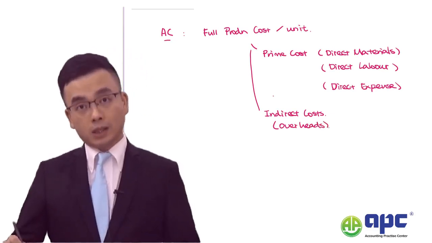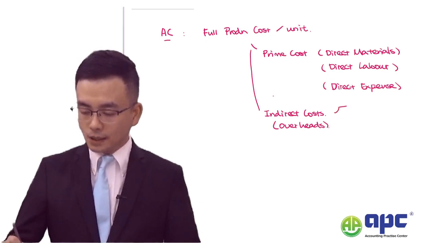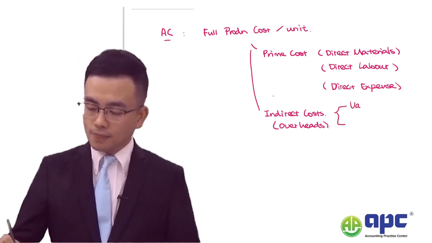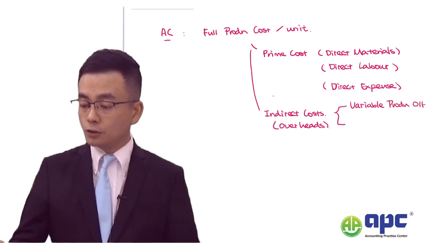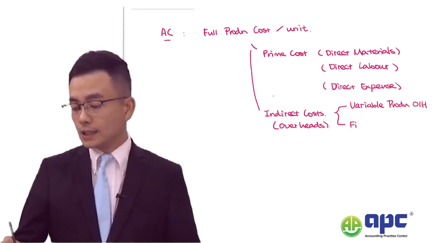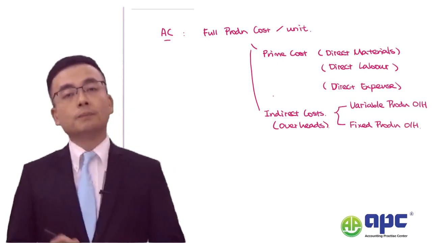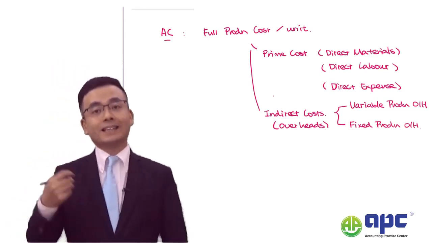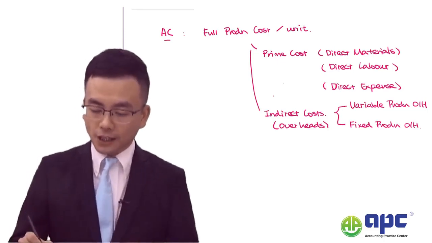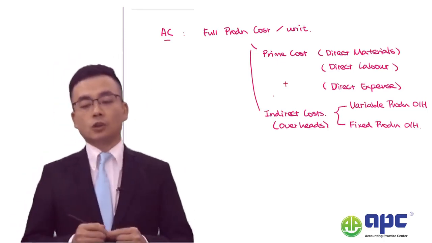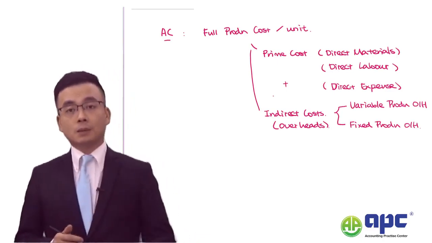Now here, I would like to split that into the variable production overheads, or OH for short, so for example, the electricity expenses, and the fixed production overhead, for example, the rent and rate in our factory. Now, putting all of these together, that will be the full production cost per unit. And this is what I mean by absorption costing.